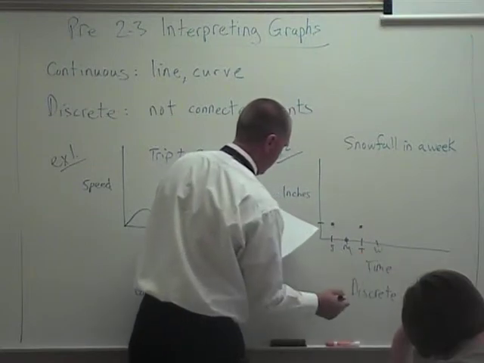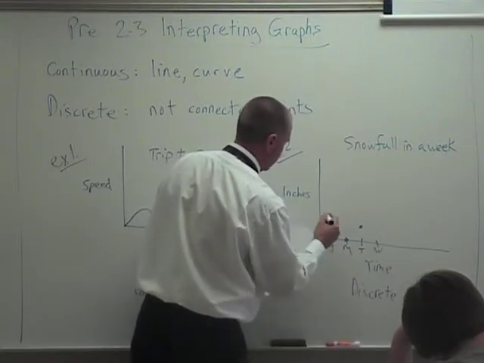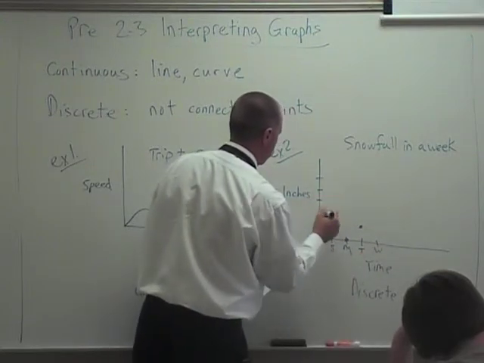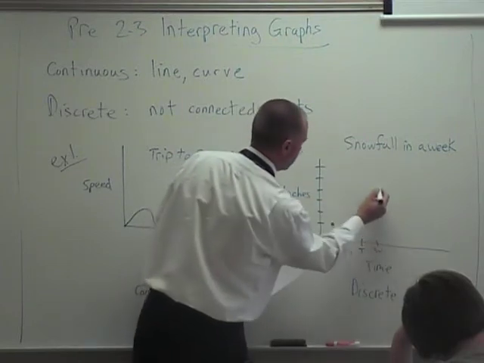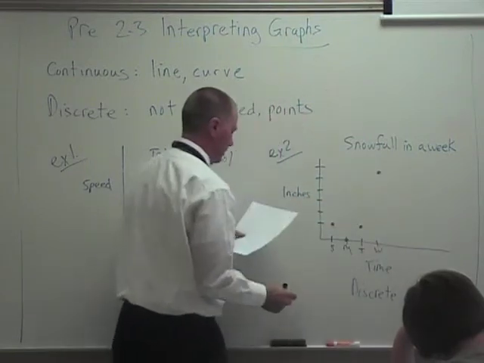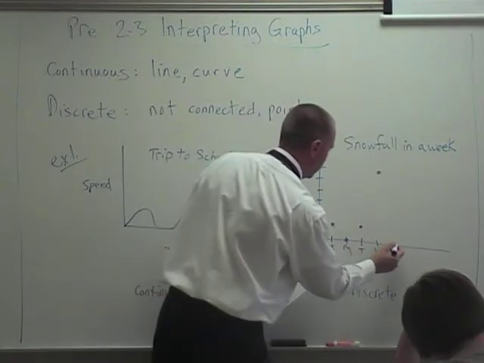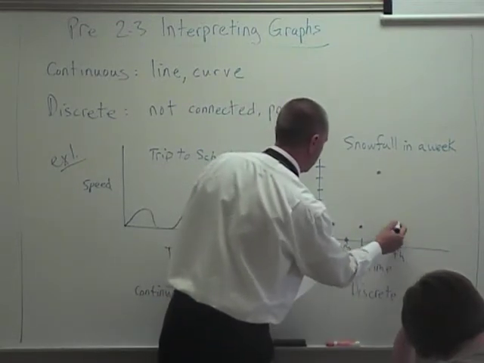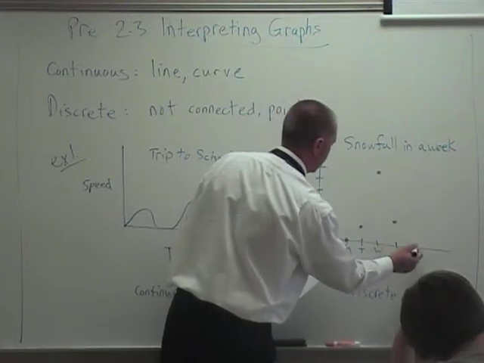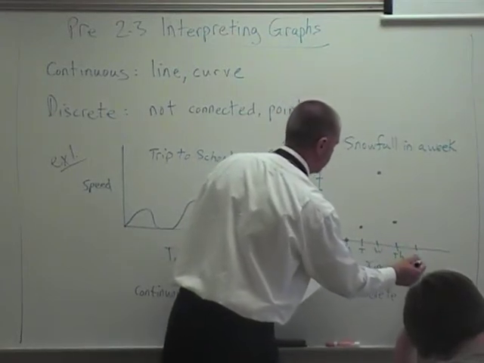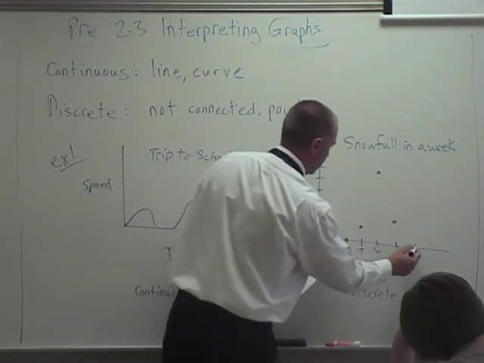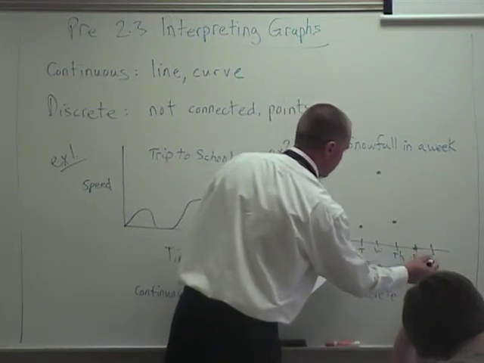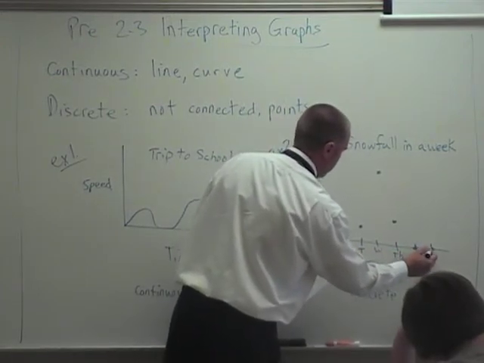On Wednesday, we got 6 inches. On Thursday, you're out of school, and you got 2 more inches of snow. Friday, you're out of school again, but you didn't get any snow on Friday, and on Saturday, you didn't get any snow.